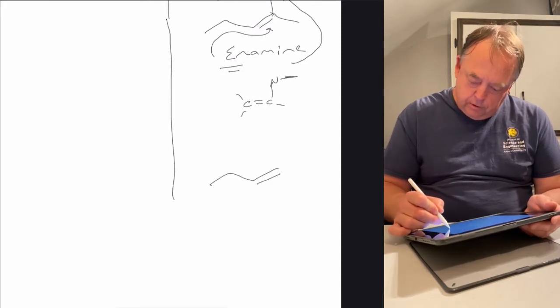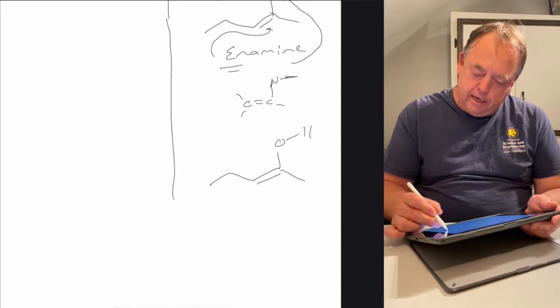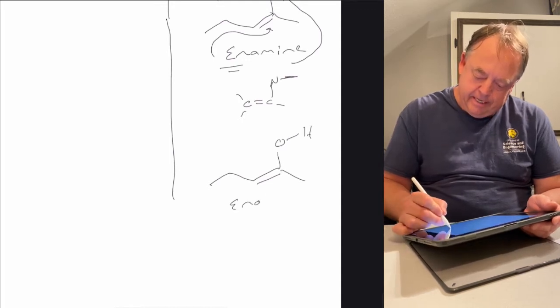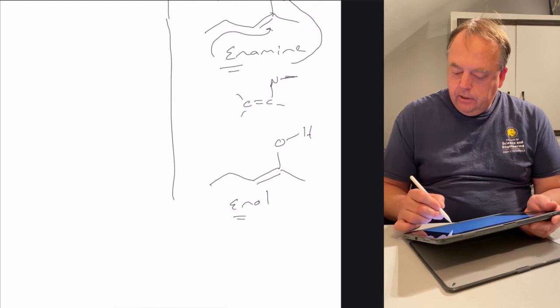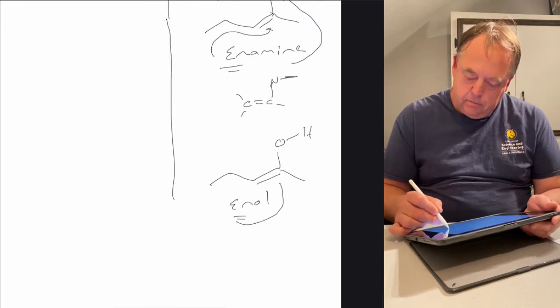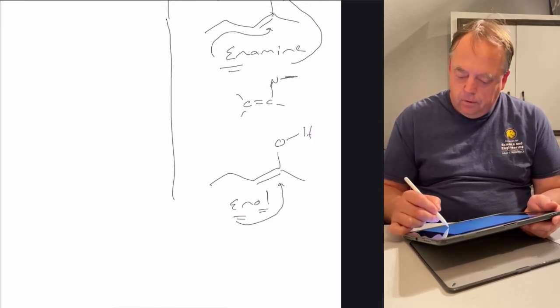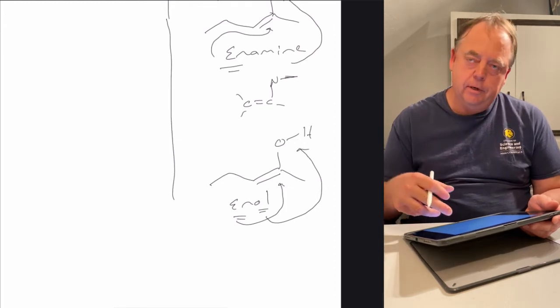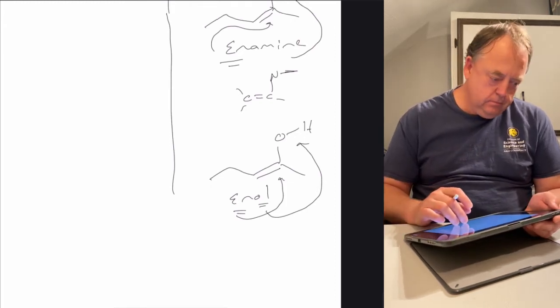Okay, so if you have a carbon-carbon double bond with an OH attached, then that's what's called an enol. So the en is from the alkene, and the ol is alcohol. Has an alcohol attached to an alkene, that's an enol.